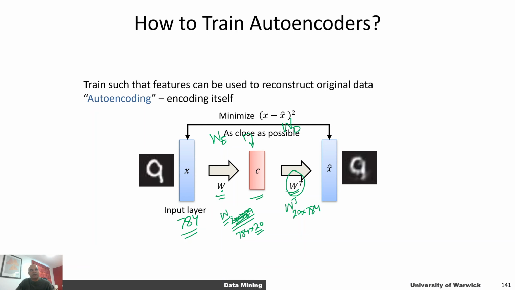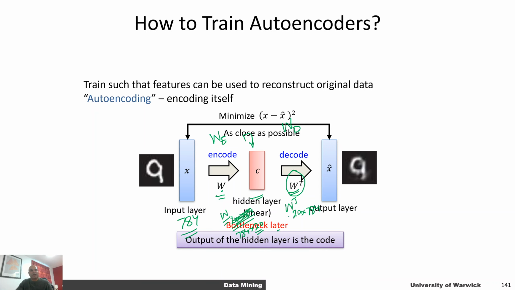So you have an input layer and then a hidden layer, also called a bottleneck layer, and you can have an encode and decode section. The output of the hidden layer is the code. Let's say you want to send a really big message over a slow network.